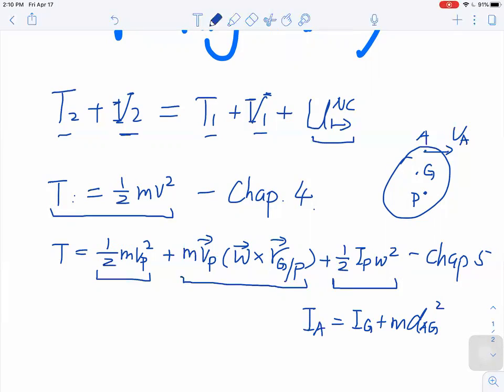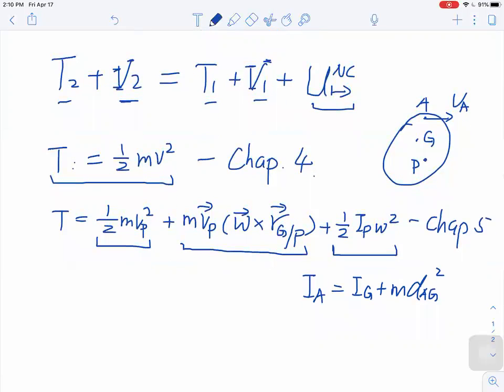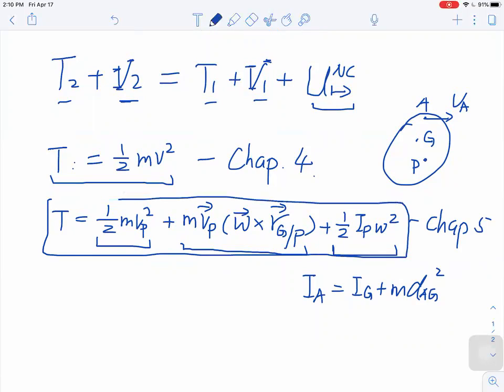We learned that last week. So this is the main difference in kinetic energy in this chapter. You will have two more terms just to calculate kinetic energy.